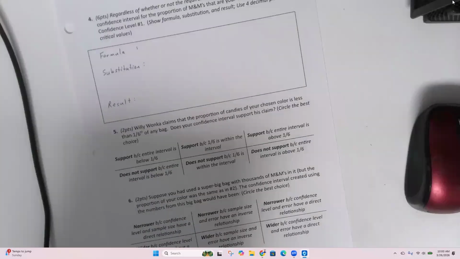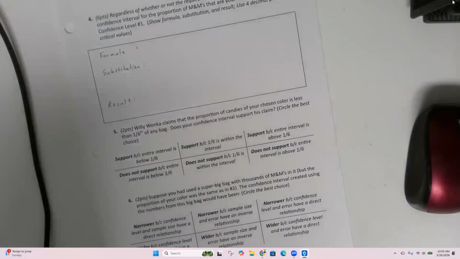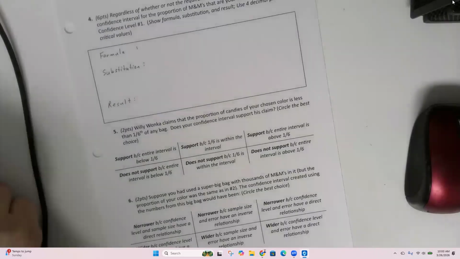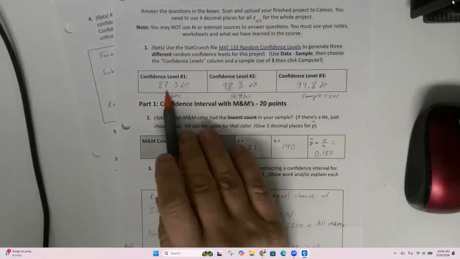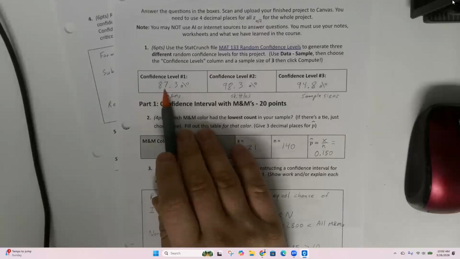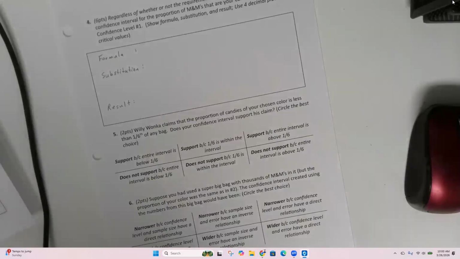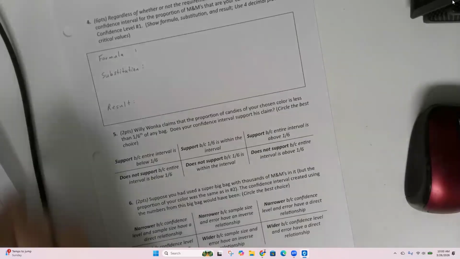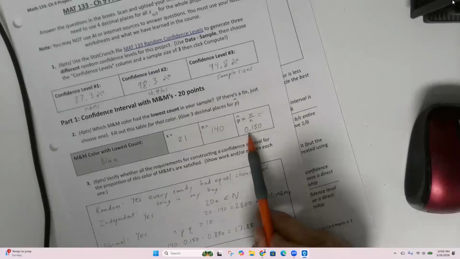So, in other words, I want to know what proportion of M&Ms are blue, and I want to be 87% confident in my result. I'm going to use confidence level 1 for M&Ms. So what proportion of M&Ms are blue? Well, I calculated that with my sample, 15% of M&Ms are blue.